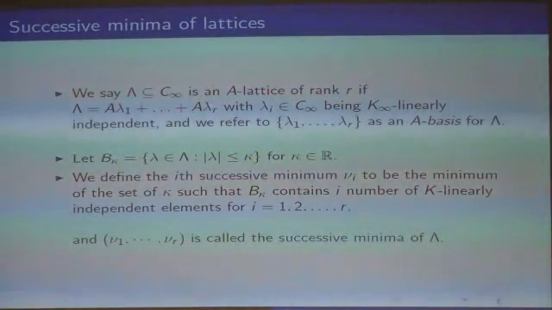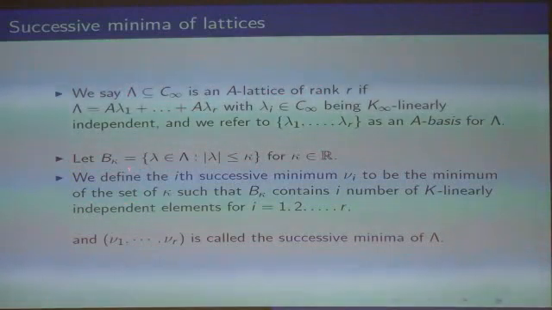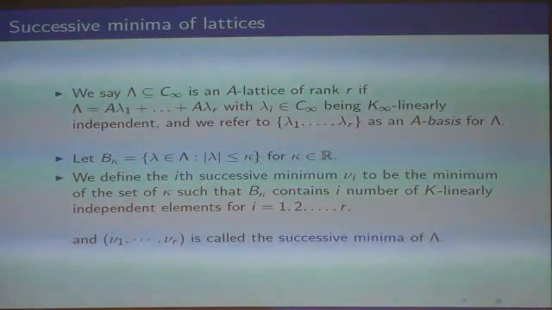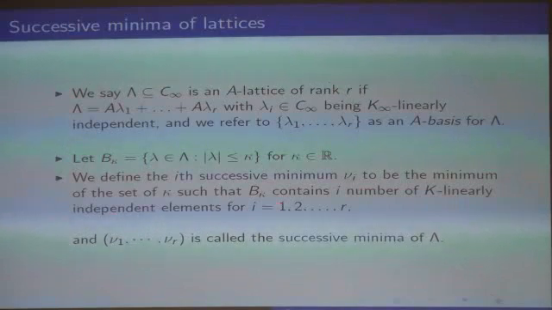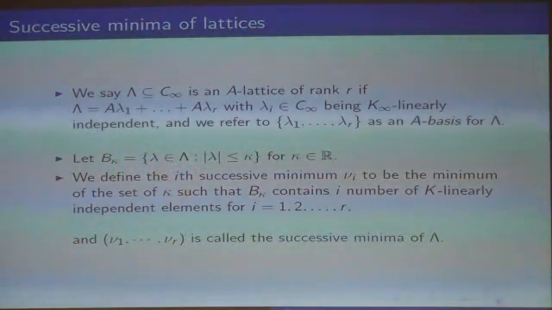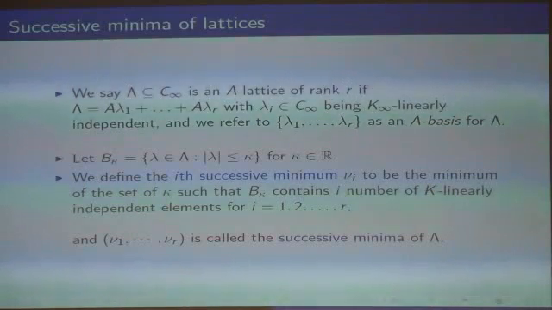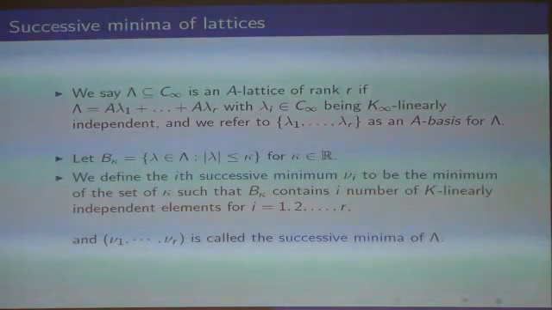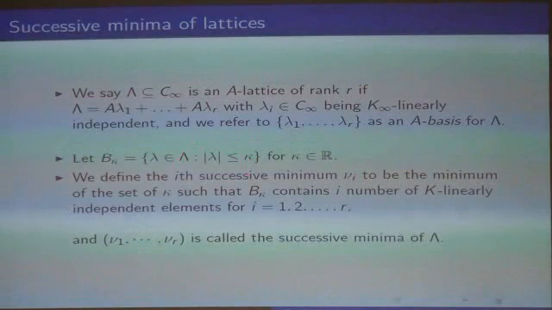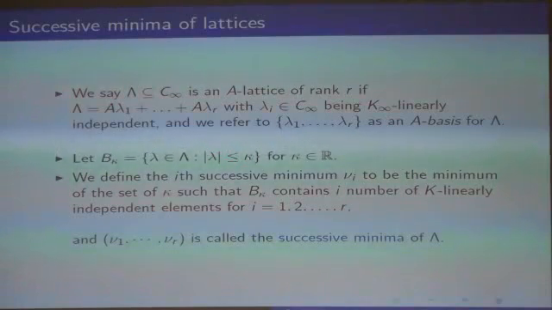Okay, so this is a general definition for the lattice, and I already mentioned what I mean by successive minima. When you take the elements from the lattice whose absolute value, from the infinite place, is q to the minus degree lambda, then you take the value whose absolute value is bounded by kappa.